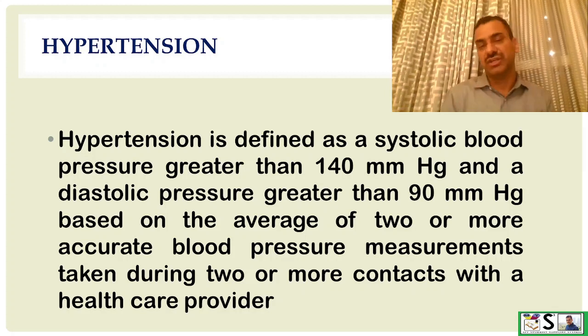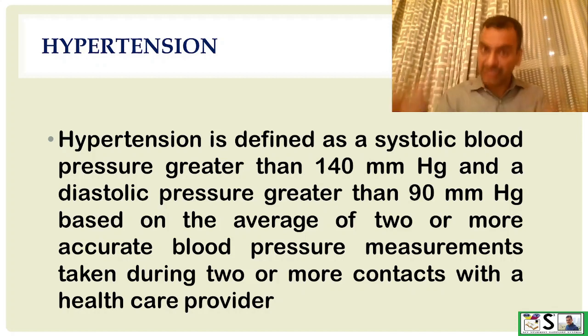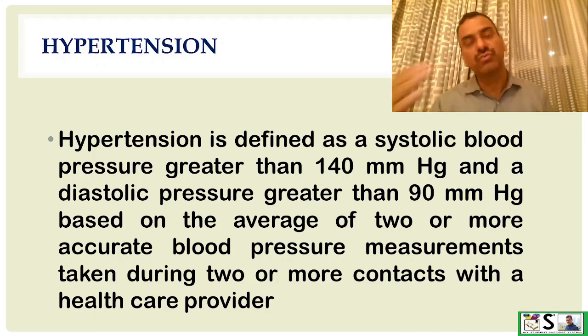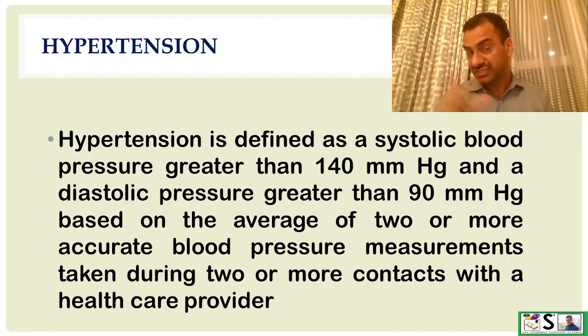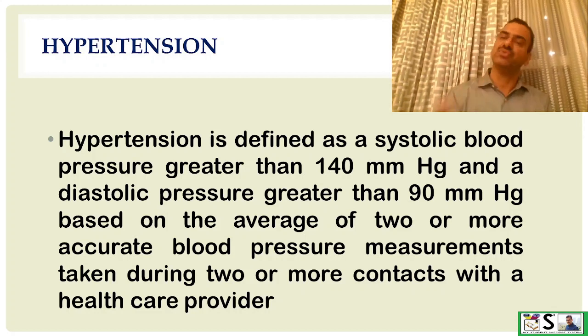So mostly when you visit a doctor, they ask you to monitor your blood pressure for a few days at a fixed time and note it down, and then you again visit your doctor, and only then will the doctor say that yes, you are hypertensive.